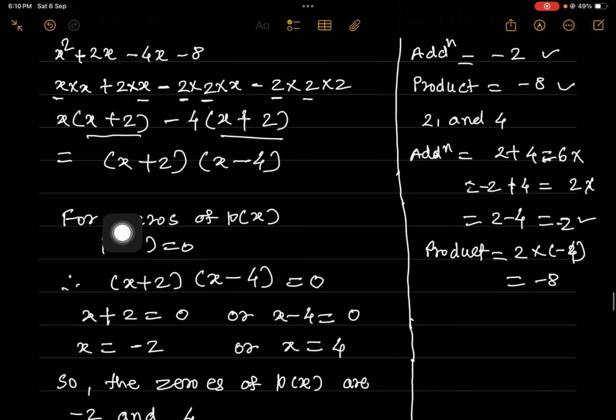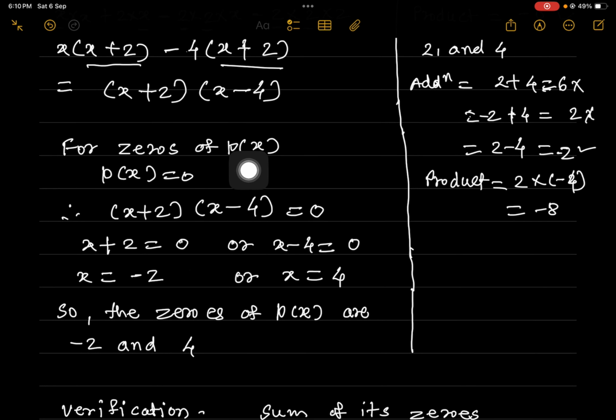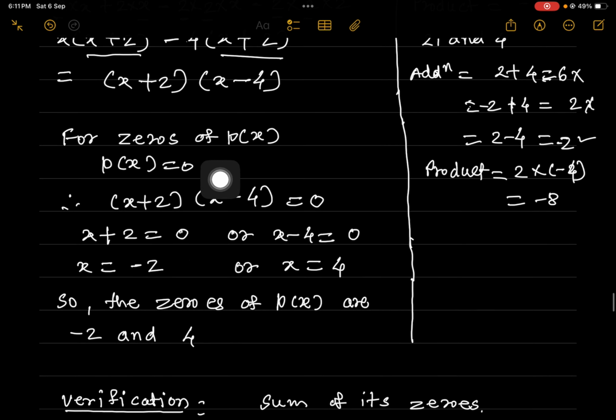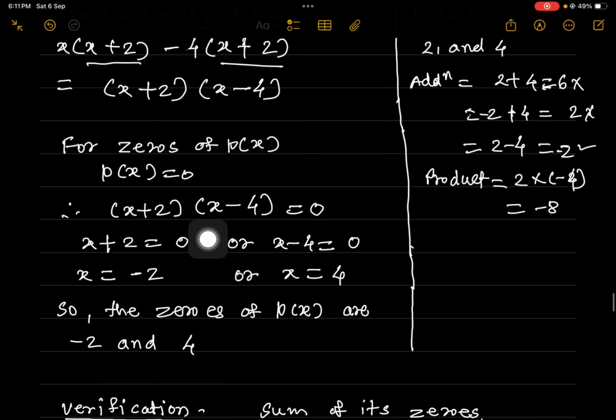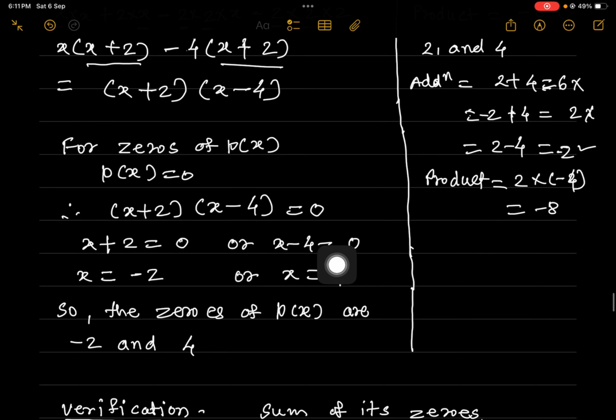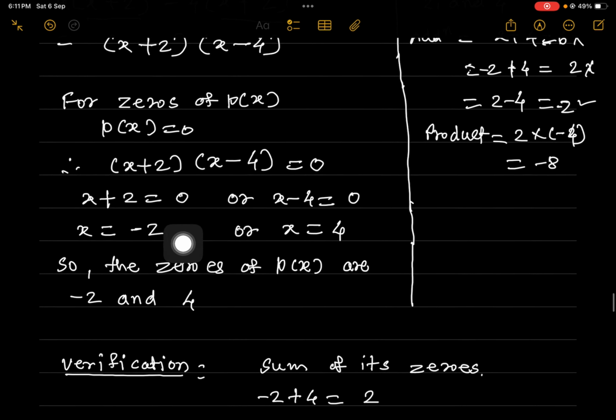Then we can easily find the zeros of this polynomial, p of x. Put p of x equal to 0. So what factors did we get? x plus 2, another bracket x minus 4, equal to 0. Then x plus 2 equal to 0, or x minus 4 equal to 0. You can see it on screen as it is.